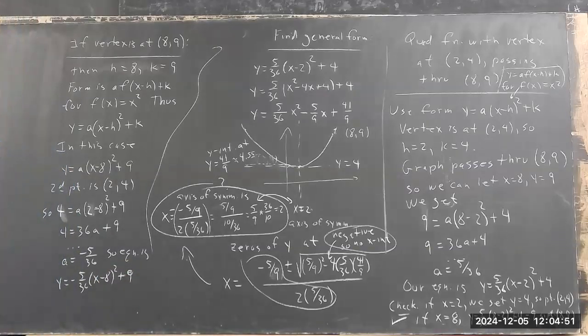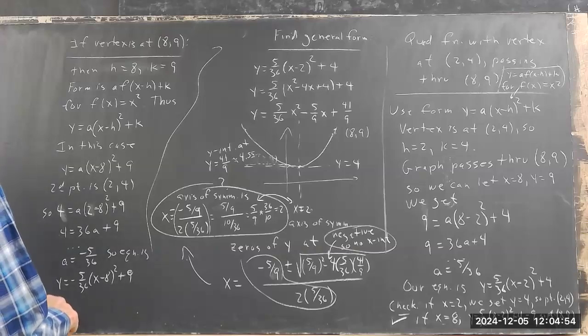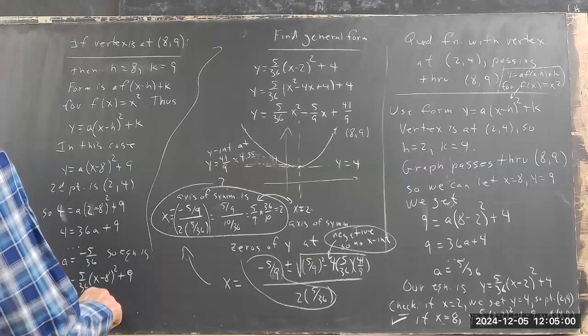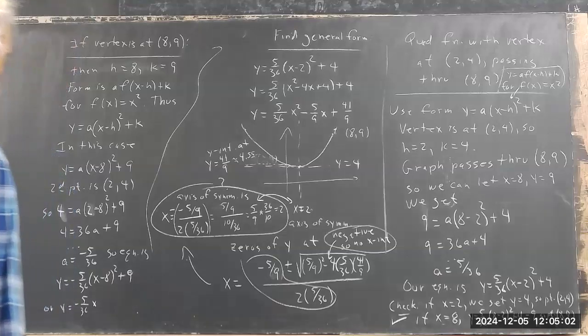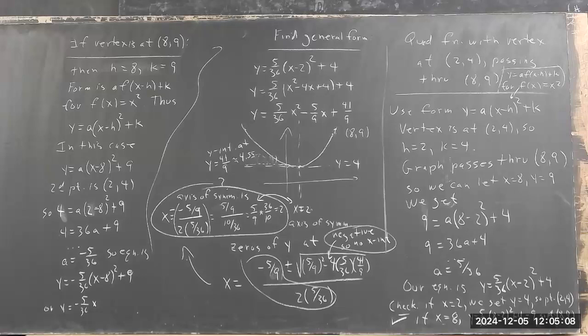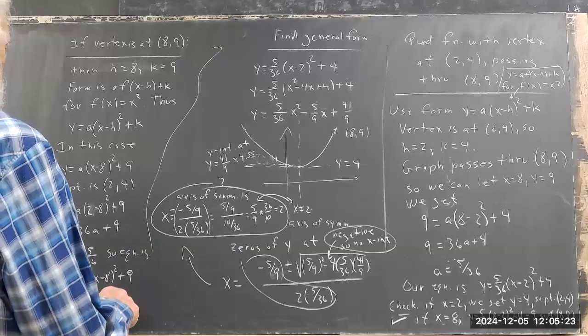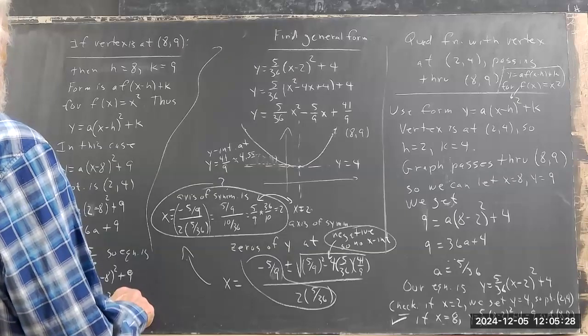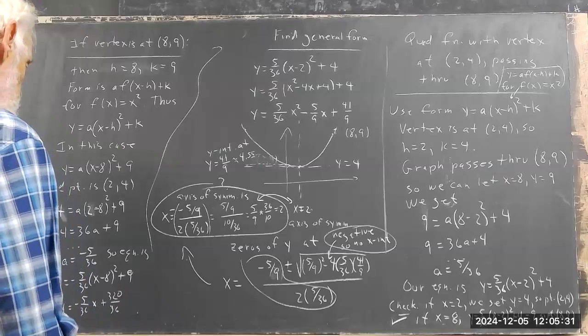If we were to expand this, we get -5/36 x squared. Then we would get plus 64 times 5 over 36. 64 times 5 is 320 over 36.